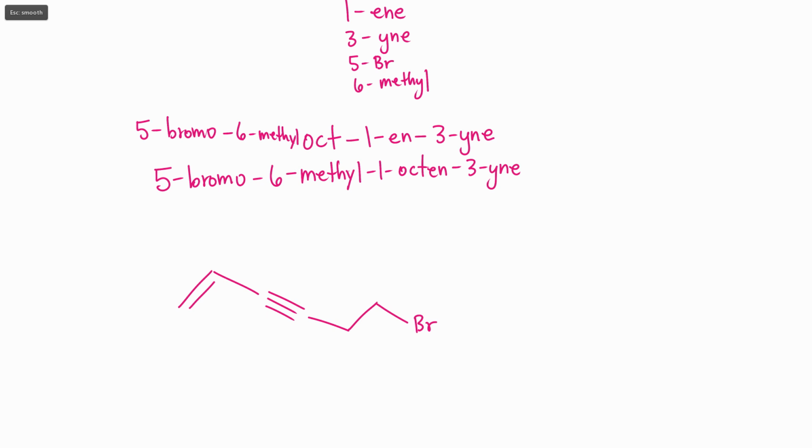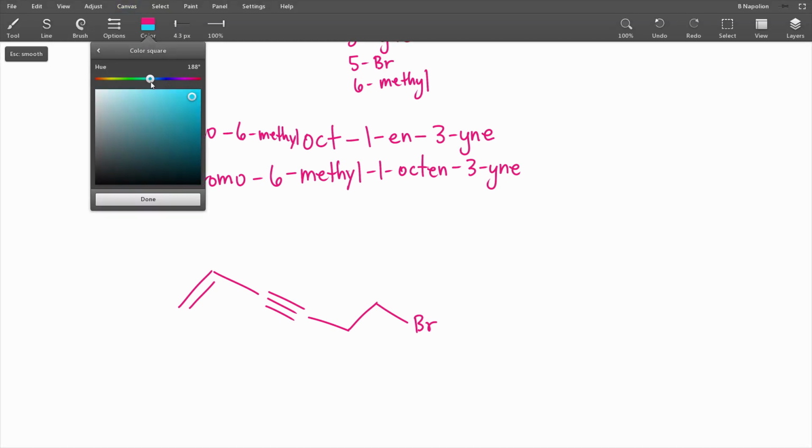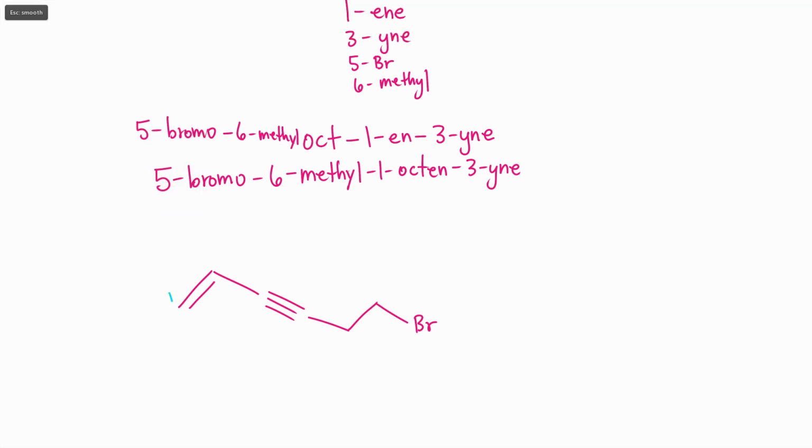Okay, so let's number what we have. 1, 2, 3, 4, 5, 6. 6 carbons again. And what do we have? We have the ene on carbon 1. We have the yne on carbon 3. And on carbon 6, we have a bromo.